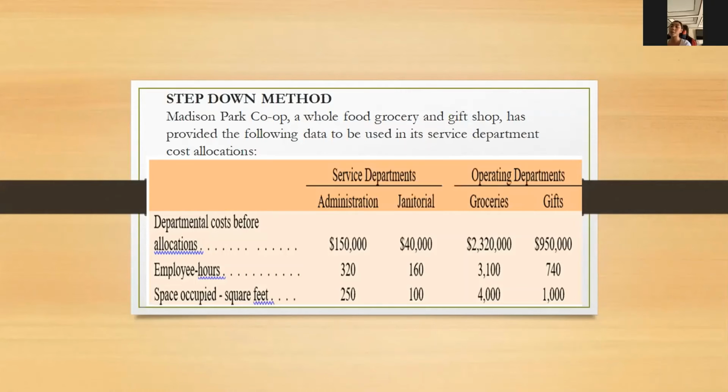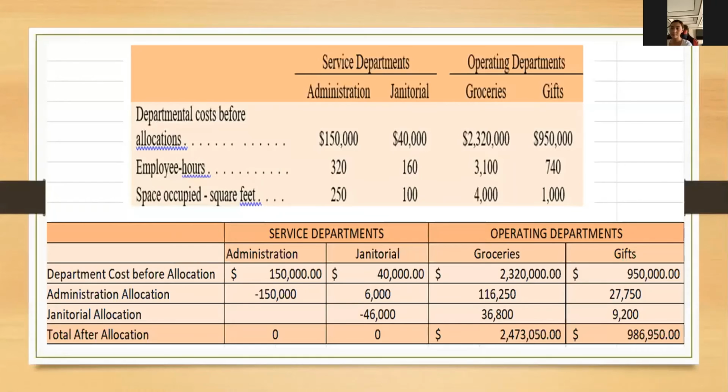And in operating department po, we have groceries and gifts. So we will allocate po ulit yung administration into operating department po by their total employee hours po. And also we will allocate the janitorial po in total space occupied square feet of operating department po. Pa-next po, Sir Ivan.